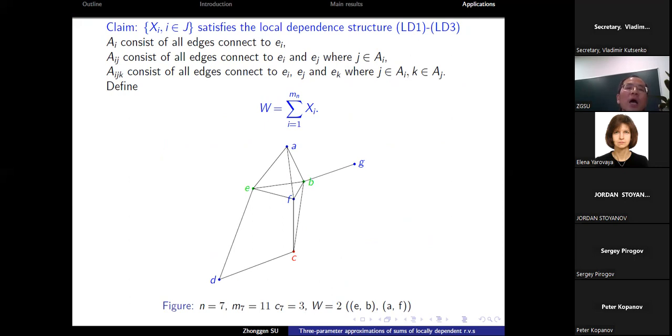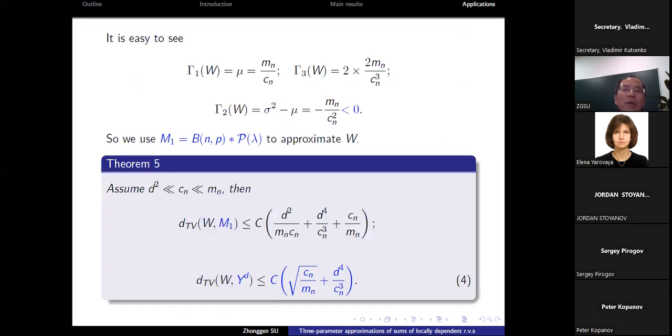So again, we claim here X_i satisfies the local dependence structure. It is easy to verify by defining a_i, a_ij, a_ijk. And then we consider the sum of X_i.